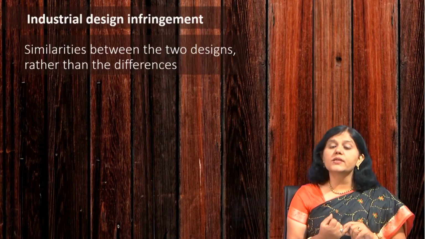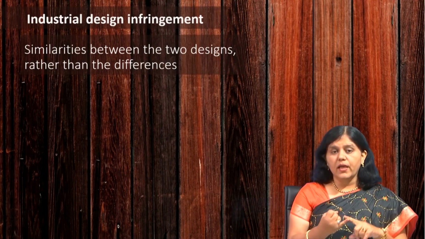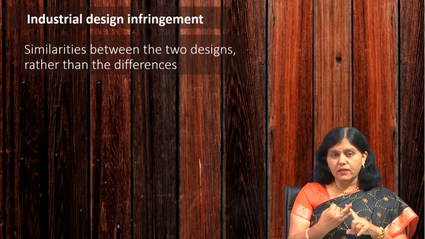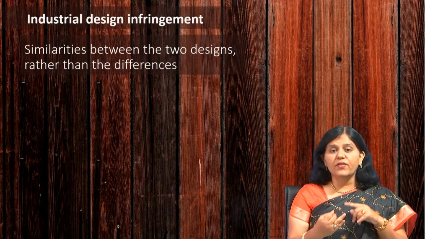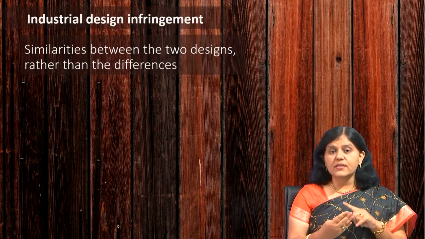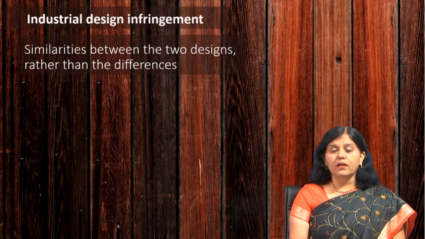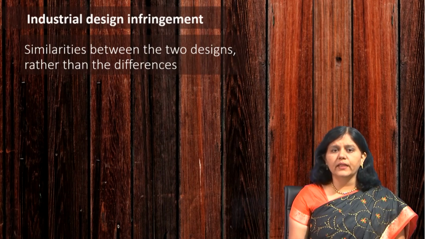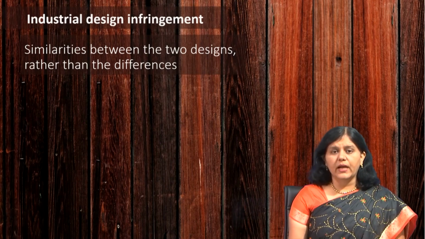So, the person who is not an authorized owner, if he makes copies of that article with that particular design, and then if it is imported or sold in an unauthorized way, this is an illegal thing, and we say infringement has occurred and we can take action against that infringement.